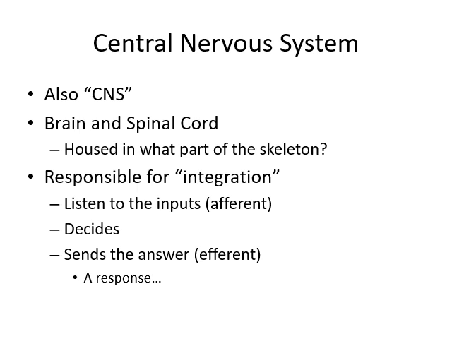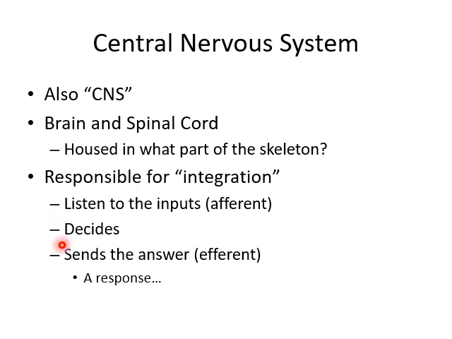So the central nervous system, as we said, brain and spinal cord, housed in what part of the skeleton? The axial skeleton. The central nervous system is responsible for integration. It's going to listen to the inputs. We call them afferent nerves. Put the inputs in.